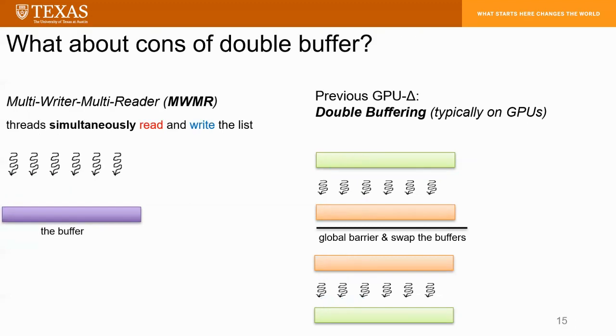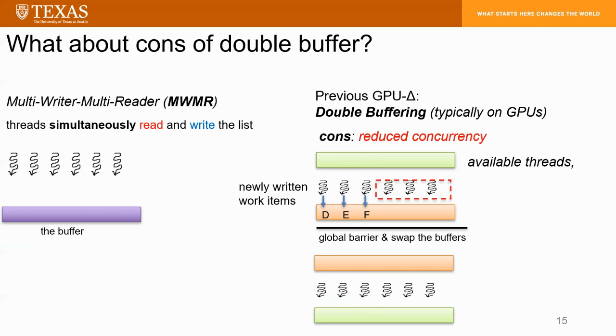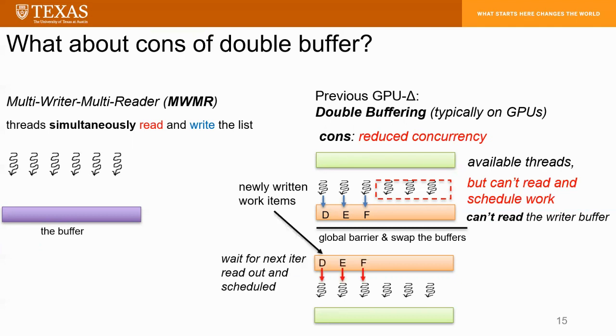And of course, there is a trade-off. The problem is that double buffering reduces concurrency. For example, here you have D and F written to the buffer, and we have some available threads, but we cannot schedule D, E, F because they cannot be read out. That's because they are in the write buffer right now, and the whole point of double buffering is to separate the read and write operations.